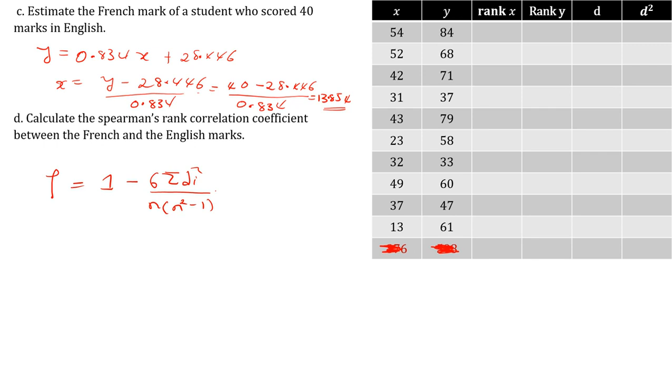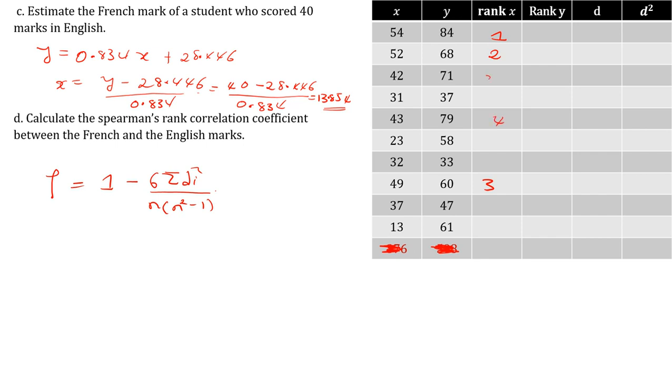Amongst the x, we see that the greatest of the numbers is 54, so 54 takes rank 1. Now it is followed by 52, which is the second. The next number will be 49, so 49 is the third. After 49 we have 43, which is the fourth.